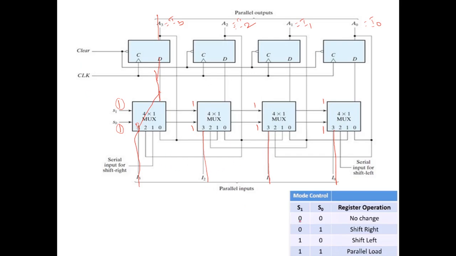We can observe that for the selecting lines 0 0, there is no change, and we are using 0 0 for the no change state. We are using the 0 0 selecting inputs for that, and 0 1 is shifting from 0 to 1, that is the right shift register, and 1 0 inputs are used as the shift left operation, and 1 1 is the parallel in, parallel out mode.